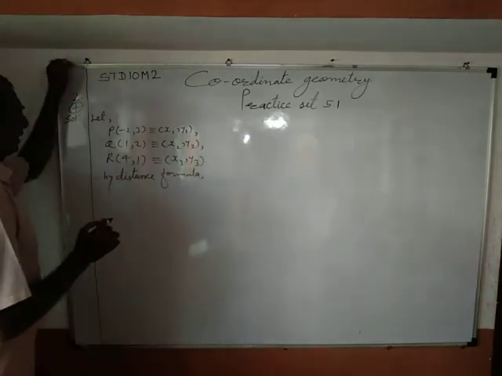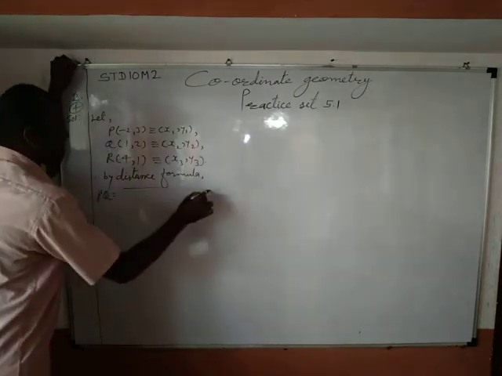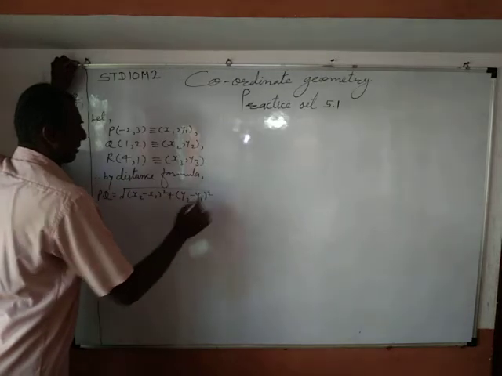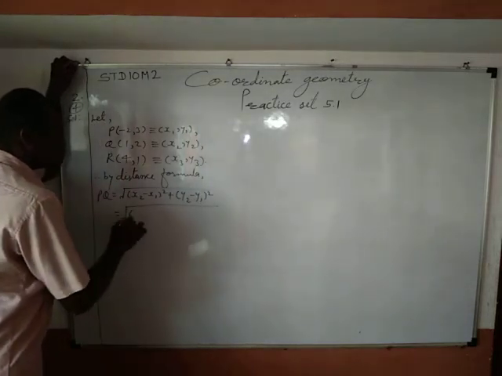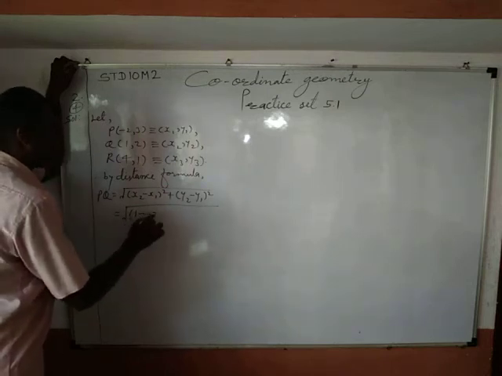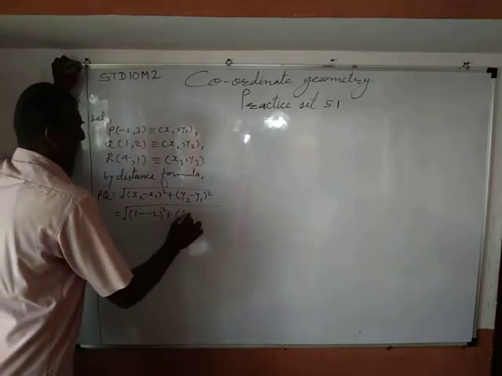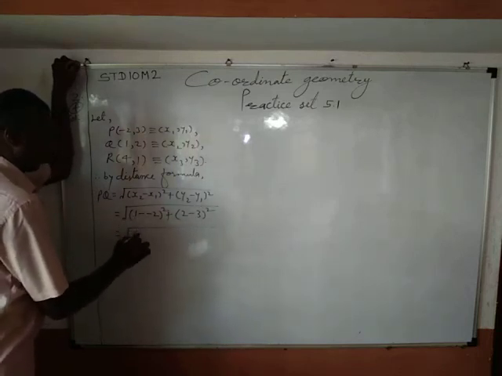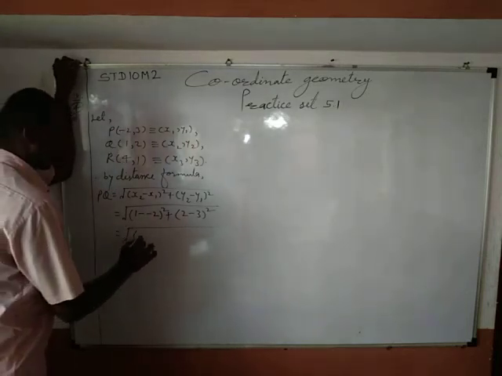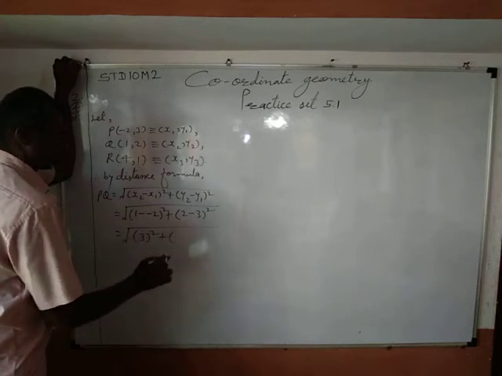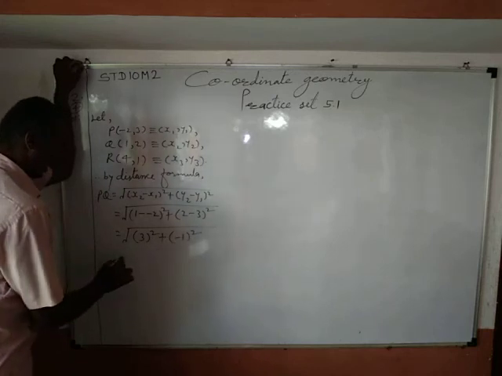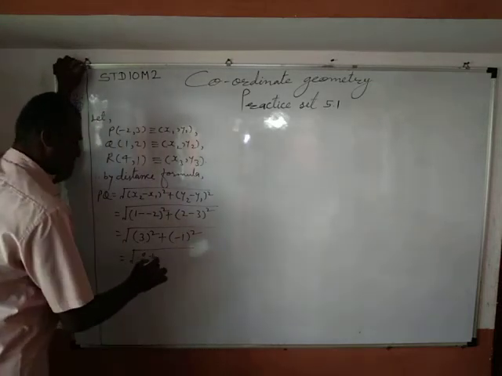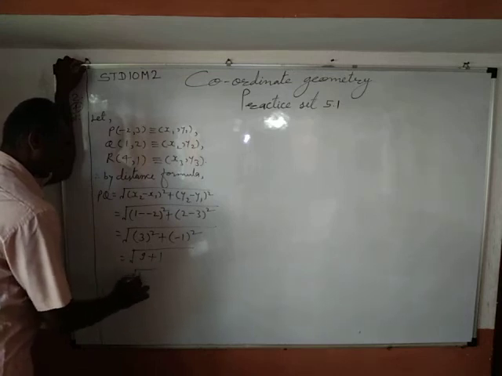PQ equals under root (x2 minus x1) whole square plus (y2 minus y1) whole square, equals under root (1 minus minus 2) square plus (2 minus 3) square. 1 minus minus 2 means 1 plus 2, which is 3, its square, plus 2 minus 3 gives us minus 1 its square, equals under root square of 3 is 9 plus square of minus 1 is 1, equals root 10.